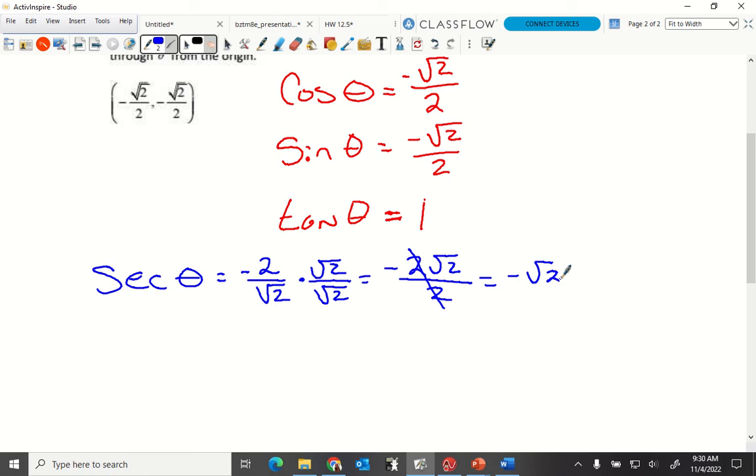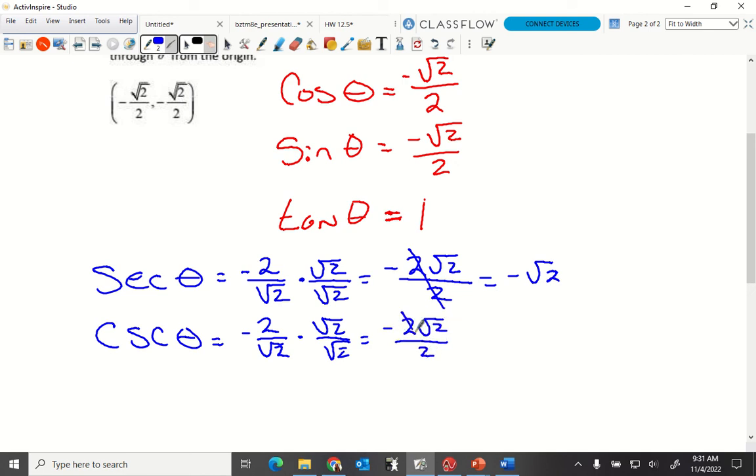All right, the next one's going to be cosecant. Correct me if I'm wrong, but I think that's going to be the same thing. Is it the reciprocal of which one? Of sine, right? It's the reciprocal of sine. So it's going to give me negative 2 over rad 2, again rationalizing. And cotangent.